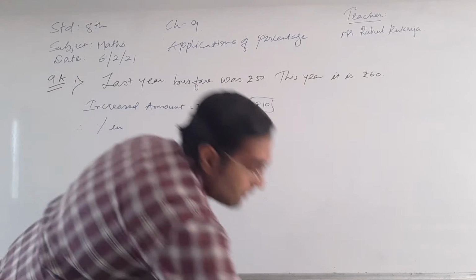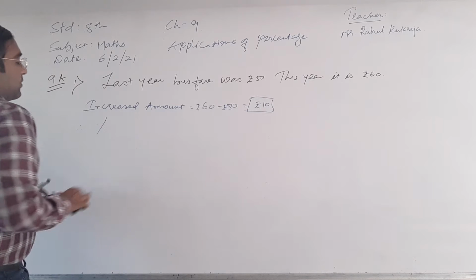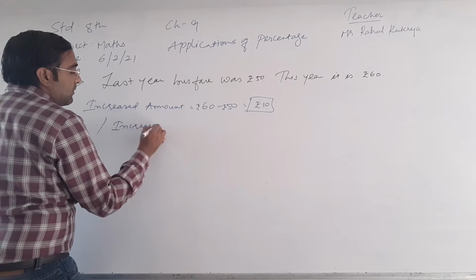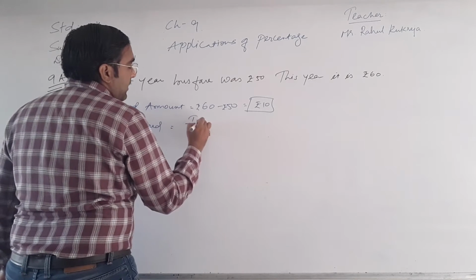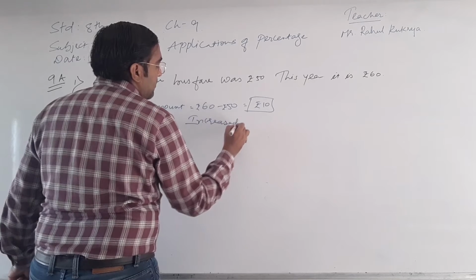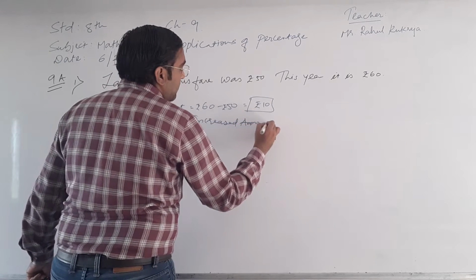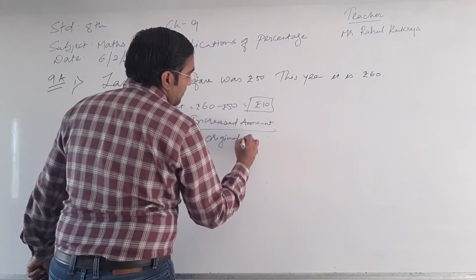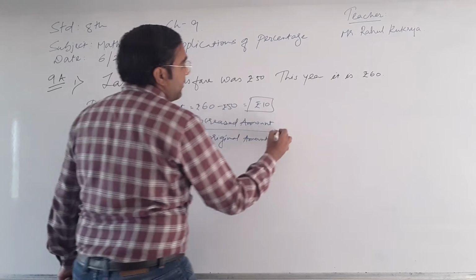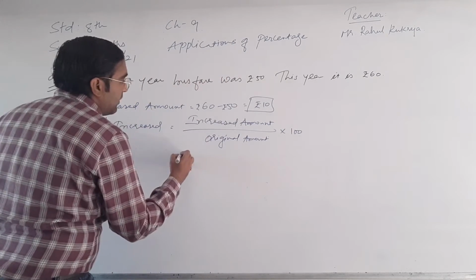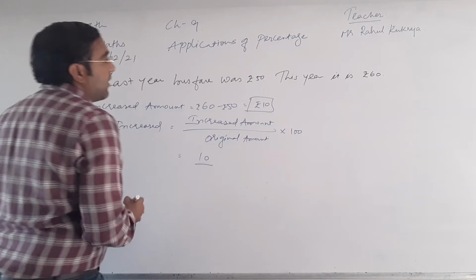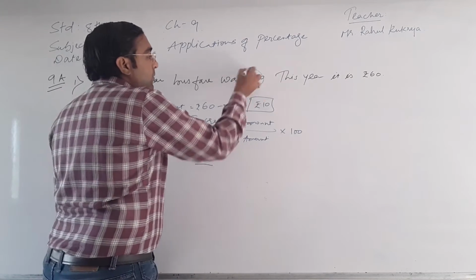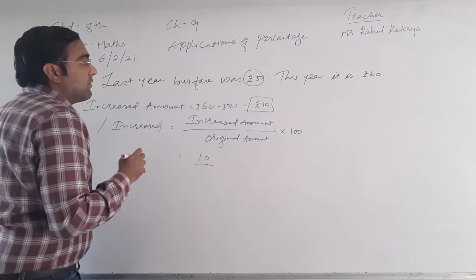So in percentage increase, the formula is increase value, or increase amount, upon original amount, into 100. The increase amount is 10. The original amount, last year's fare of the bus, was ₹50.